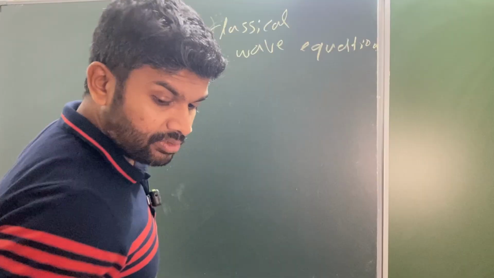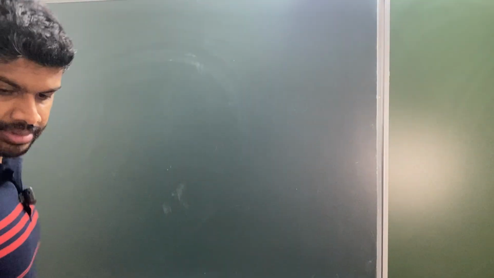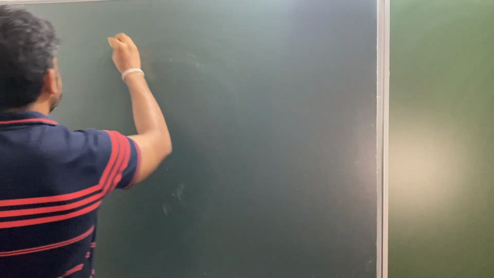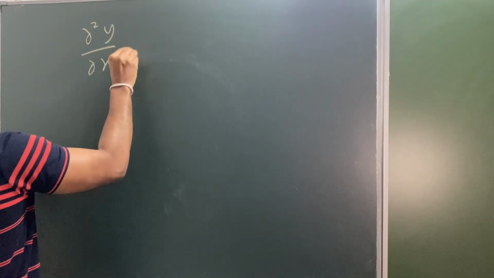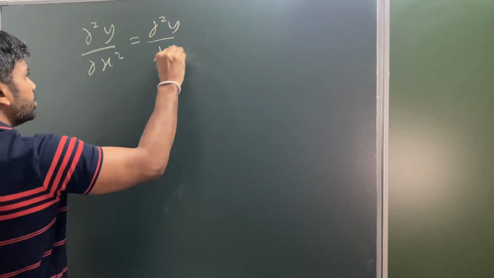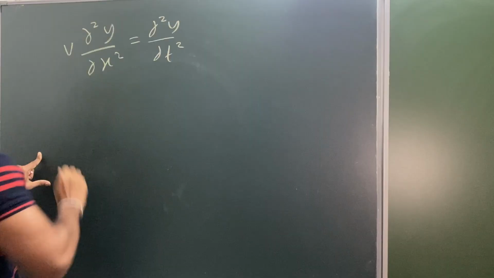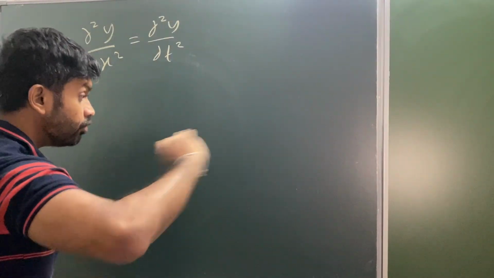And the classical wave equation looks like this: the second partial derivative of y with respect to x squared is equal to one over v squared times the second partial derivative of y with respect to t squared. Here v represents the velocity of a wave.